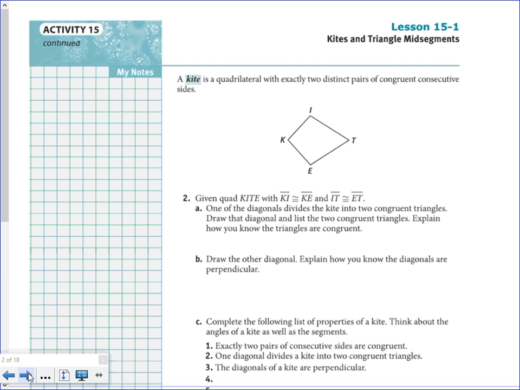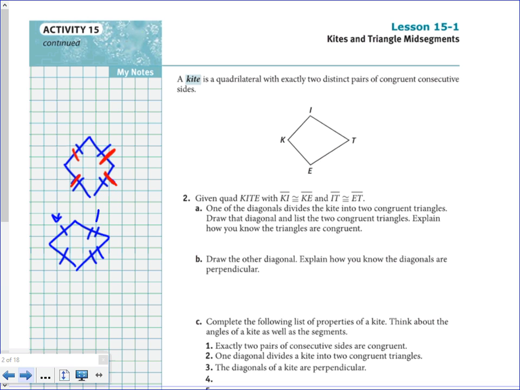So if I have these sides congruent and I have these sides congruent, if this side and this side are congruent, and this side are congruent so that all four of them are the same, that is not a kite. With your kite, you have two sides that are congruent and you have two other sides that are congruent.